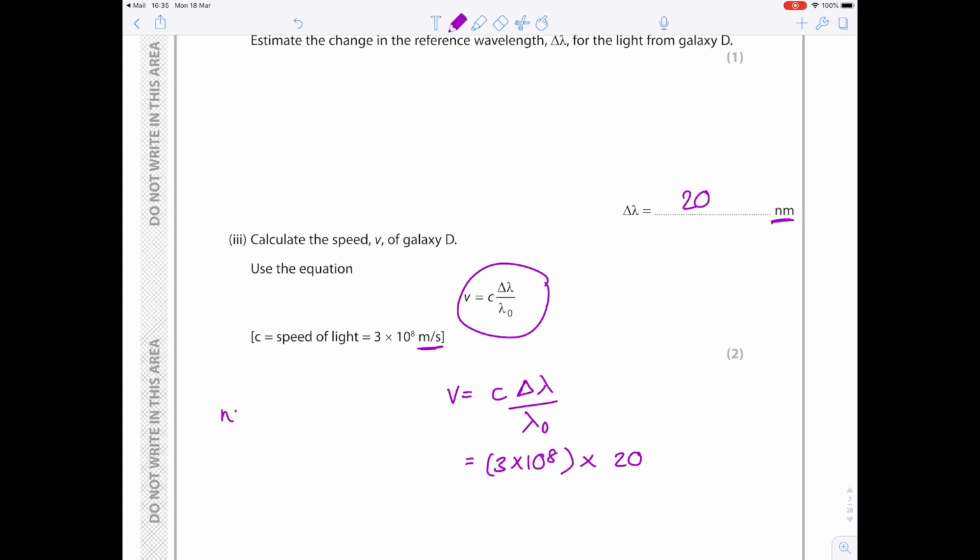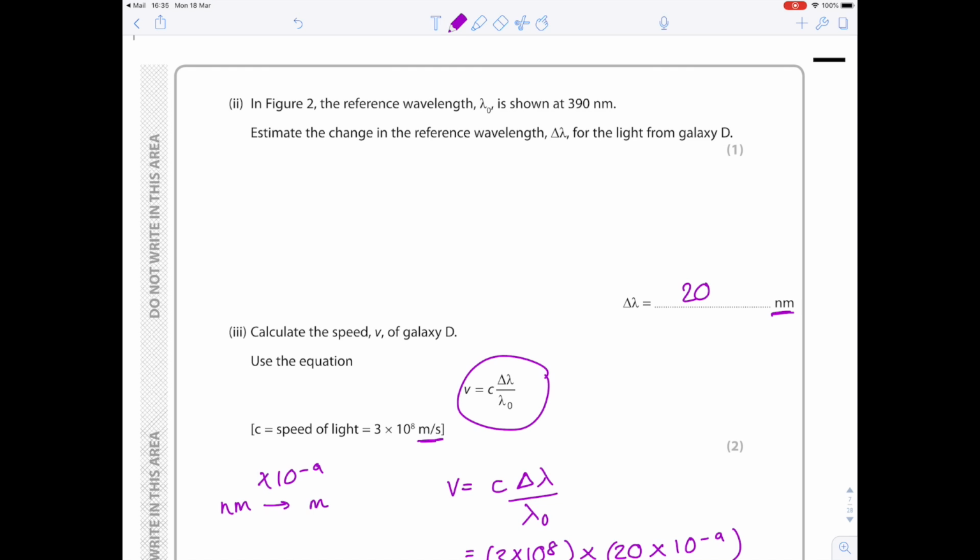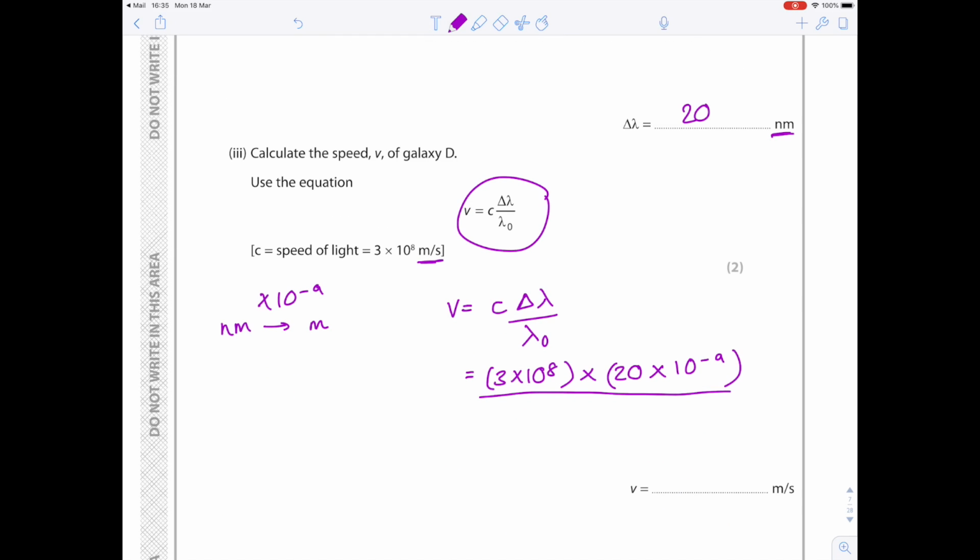And then be careful, you need to convert nanometers to meters, and the way in which you do that is by doing times 10 to the minus 9. So we're going to pop that conversion in here, and then divide the whole lot by delta lambda naught, which we know is 390 nanometers. So 390, and then we multiply that by 10 to the minus 9 again to avoid any issues with units, and we get a final answer which is huge. It's 15,400,000 meters per second.